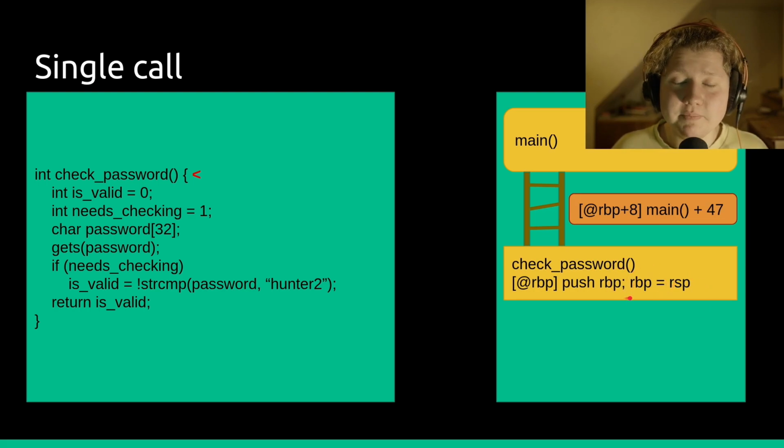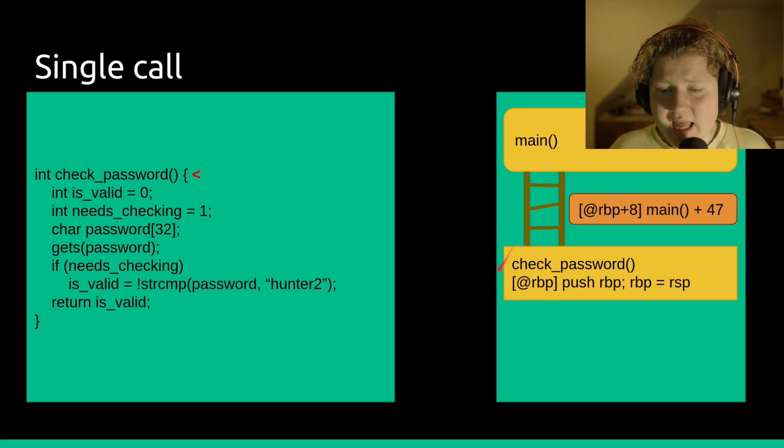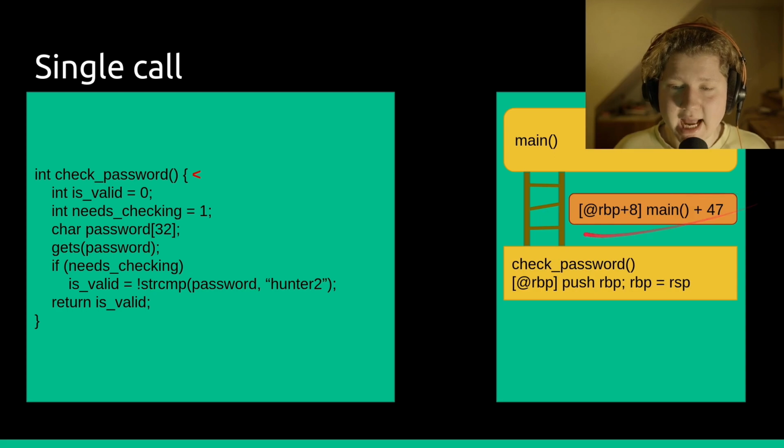Dereferencing the base pointer allows us to walk between the stack frames, but it's not really needed for our purposes. And by this point, you will have probably noticed one of the quirks of the stack, and that is it grows downwards. As you can see, the return address is higher up than the stack frame pointer.